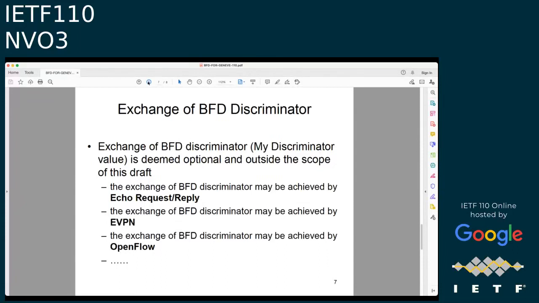If out-of-band exchange of BFD discriminator is used, then there are multiple methods that can achieve it. For example, echo request reply can be used. BGP EVPN can be used. And OpenFlow can be used too.